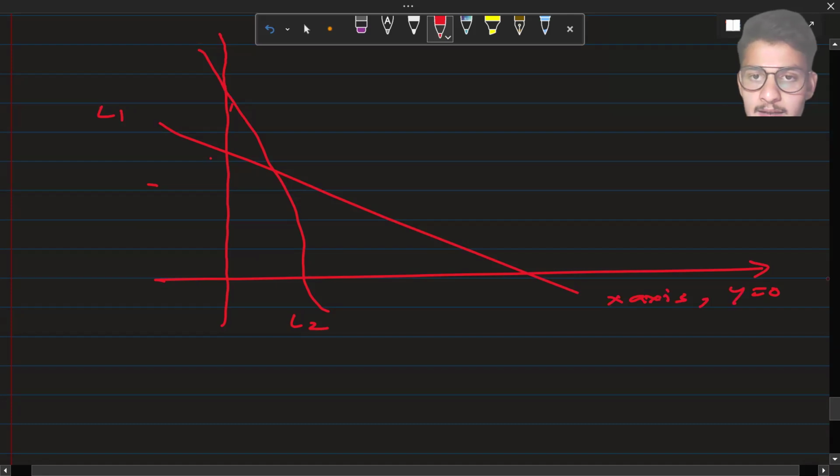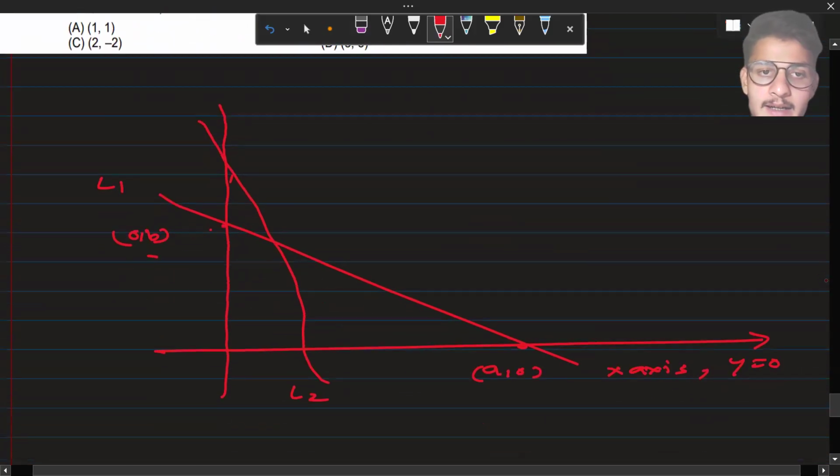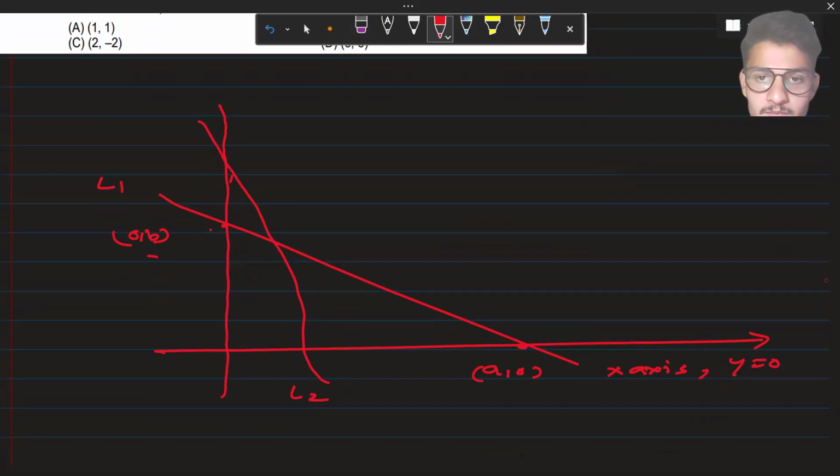So this line intersects at a comma 0 and 0 comma b at the y-axis, and the second line intersects at c comma 0 and 0 comma d, these 4 points.